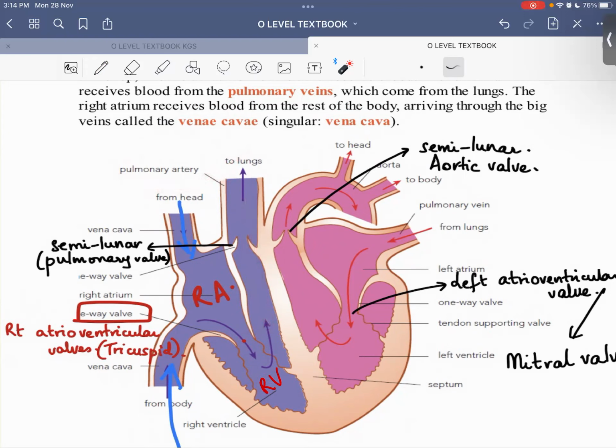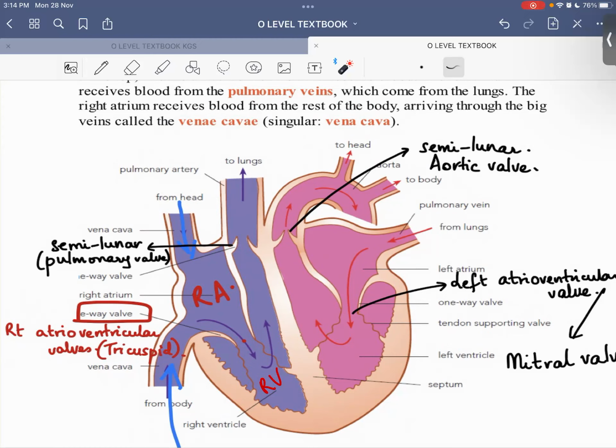ठीक है. Do we have another valve between the right ventricle and the pulmonary artery? Do we have this valve? Yes. What is its name? Semilunar pulmonary valve. हाँ, semilunar भी कह सकते हैं, pulmonary भी कह सकते हैं. ठीक है. Now you tell me, when should this be open and when should this be closed? It should open when the blood is being pushed by the right ventricle to the lungs, and once the blood has been pushed to the lungs, then it should close.